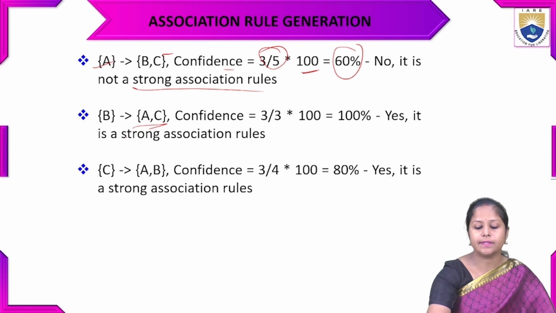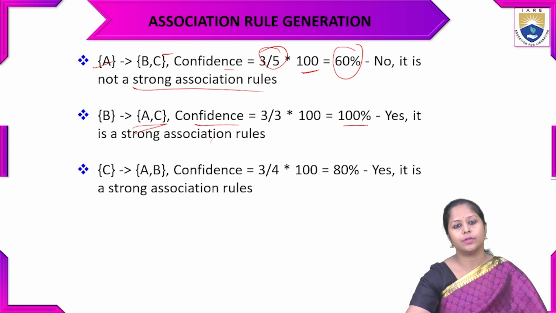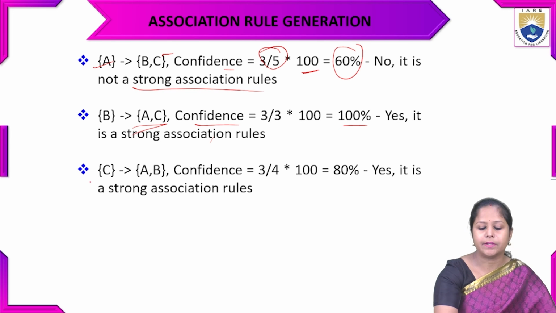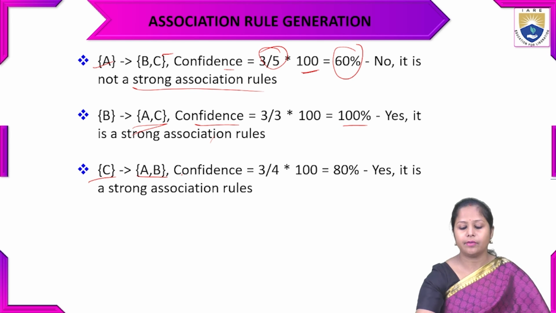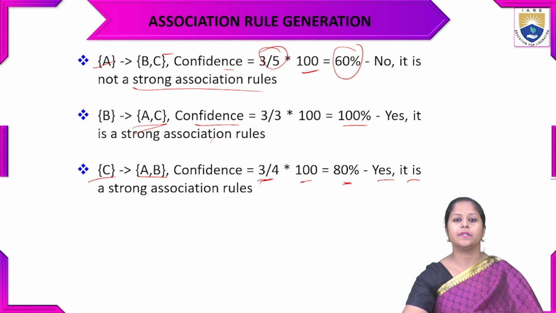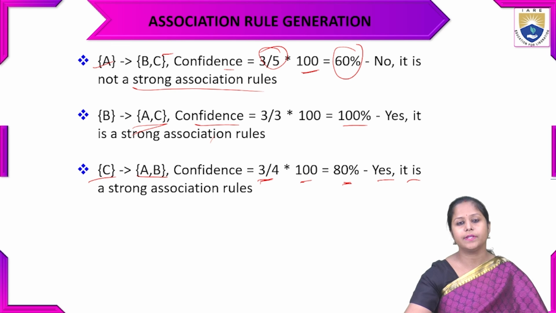B depends on AC, confidence is 100%, so yes, that is a strong rule. C depends on AB, the confidence is 3 by 4 into 100, that is equal to 75%. Yes, it is a strong association rule for rule generation.